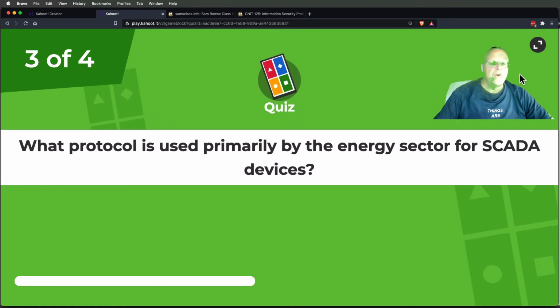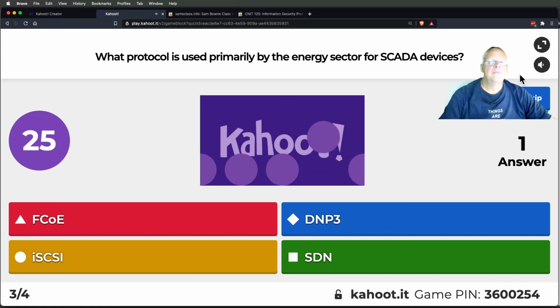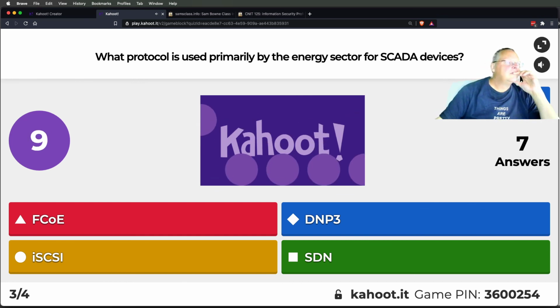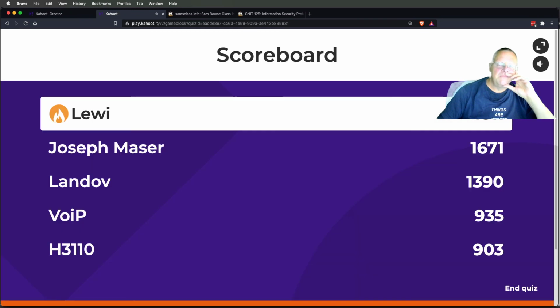All right, what protocol is used by the energy sector? DNP3, that's good.